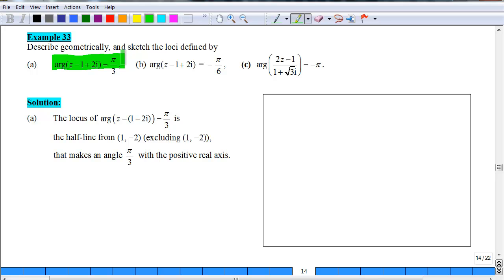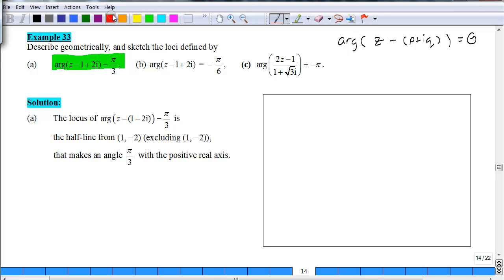First and foremost, let's take a look at the standard form of the way we write the equation of the half line. Let's do a quick recap. The standard form is written as the argument of the variable complex number z minus p plus iq equals a certain theta.